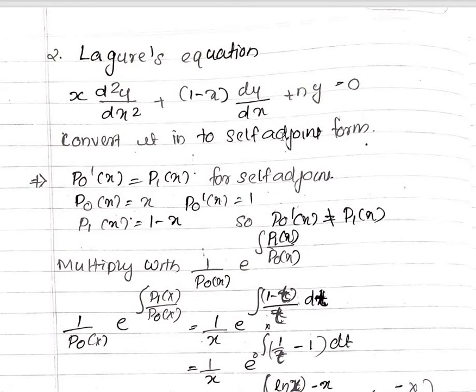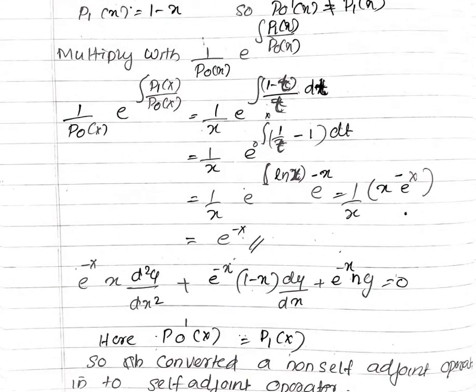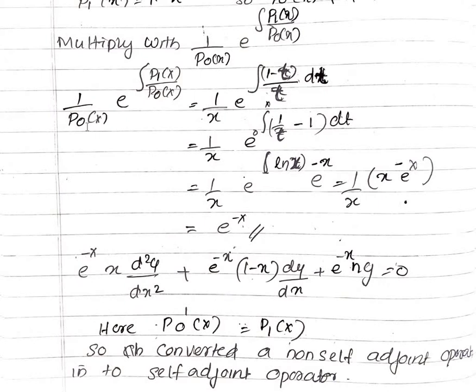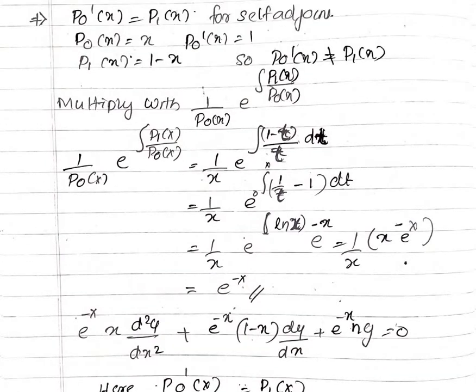So we have to convert it into a self-adjoint equation by multiplying the equation with 1 by p0 of x raised to integral p1 of x divided by p0 of x. First we have to calculate its value. Here p0 of x is nothing but x.